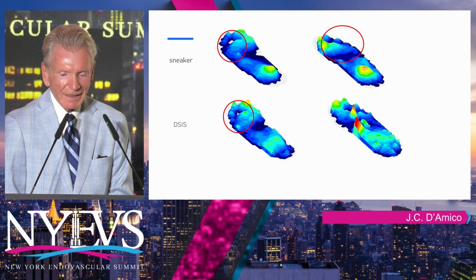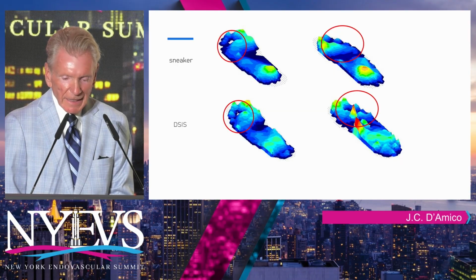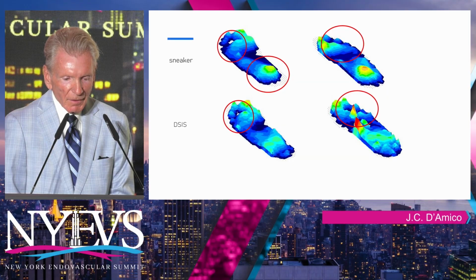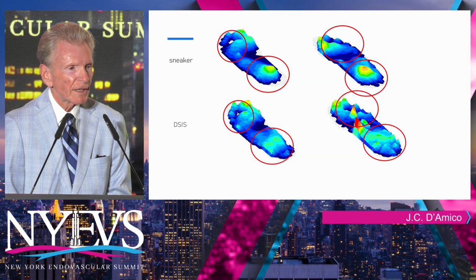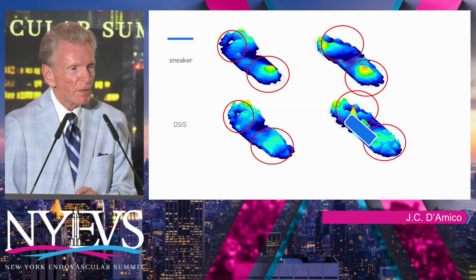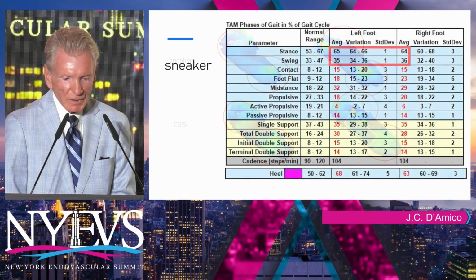The forefoot in the right foot in the sneaker, and the forefoot in the orthotic. The heel, medial, and the heel, central. The medial arm of the device is what needs to be addressed.